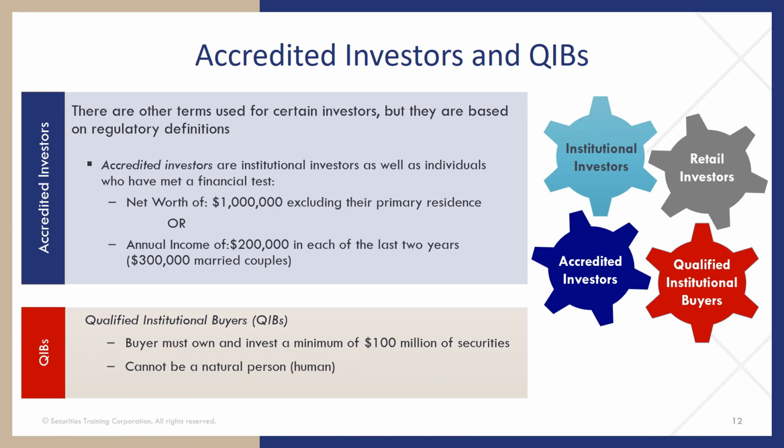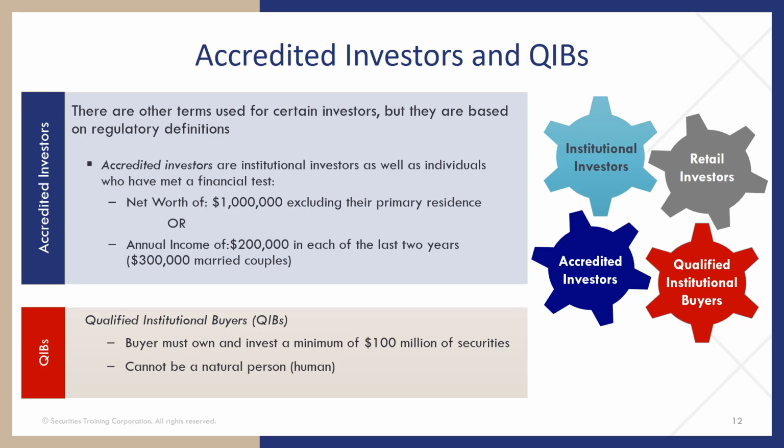is a QIB, or qualified institutional buyer. And it's another regulatory term, and it's someone way above an accredited investor. It's an entity, a buyer, that must own and invest a minimum of $100 million of securities. We're talking some big money now. And it cannot be a natural person.